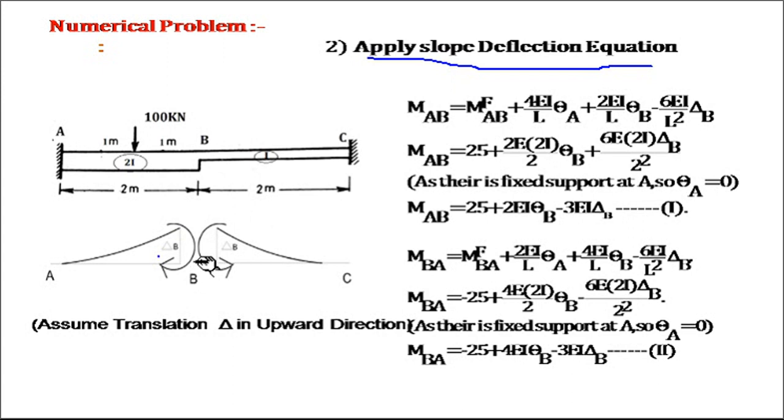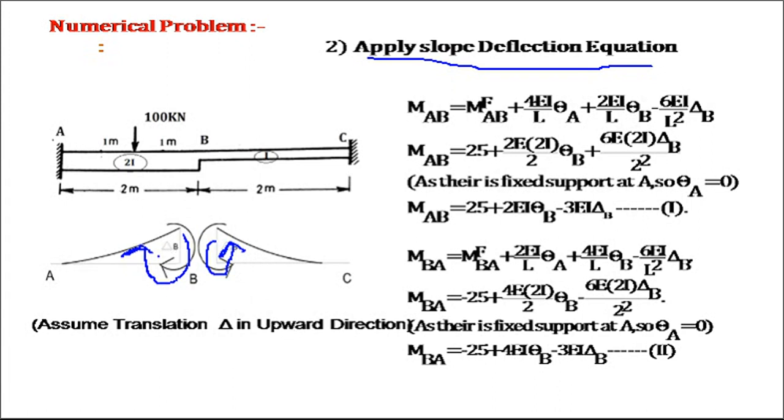So here this delta you have to apply in this way: for member BA it will be in the clockwise direction and for BC it will be in the anti-clockwise direction.